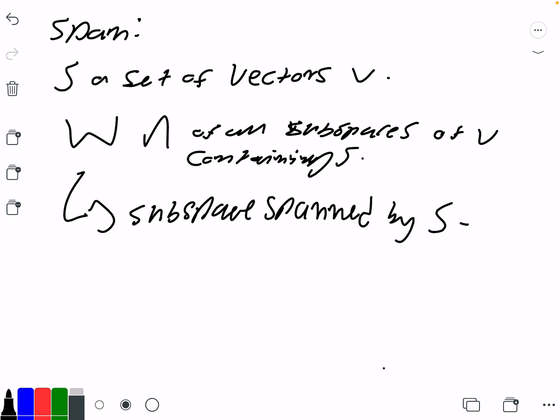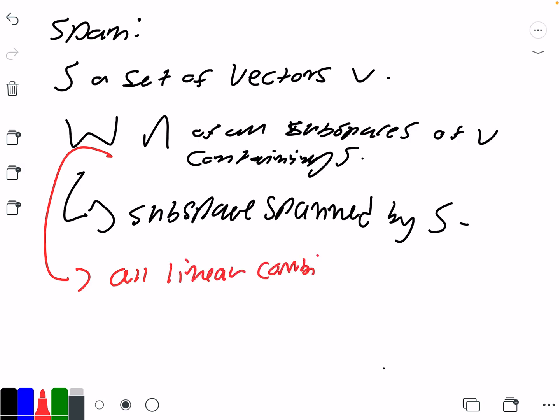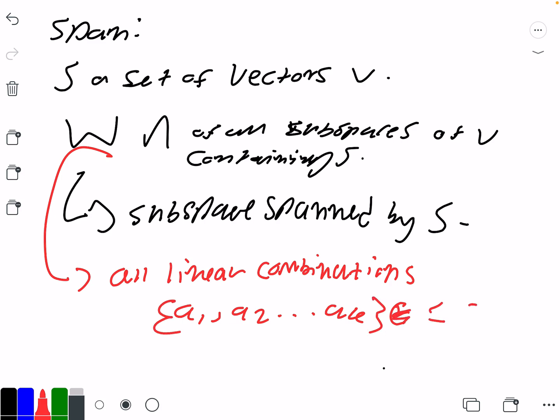You can formally prove it, but again, it's not that instructive. So the spanning subspace here is just all linear combinations of, say, A1, A2, ..., AK in S.